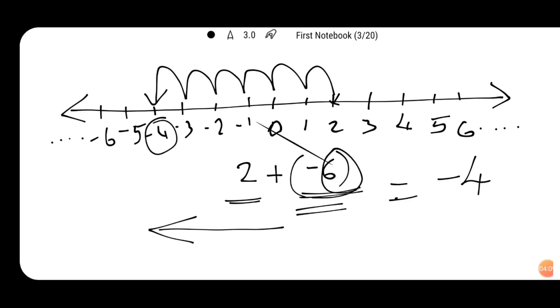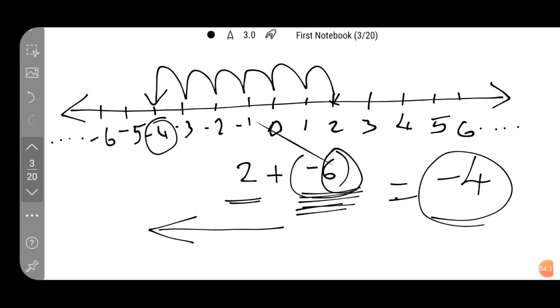So when you are adding negative 6 to 2, your answer is negative 4. Again I am saying, on a number line, if we are adding a positive integer, we will move towards right of that number, and if it is a negative integer, we will move towards left of the number.